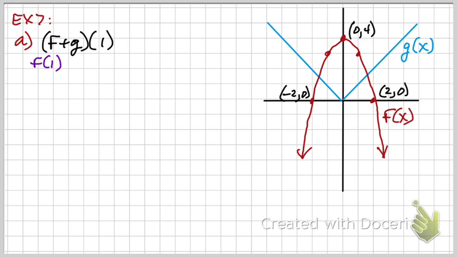When x is 1, what's F, the red one? 3, right? What's G at 1? One. Add them together. 4. That's my answer.